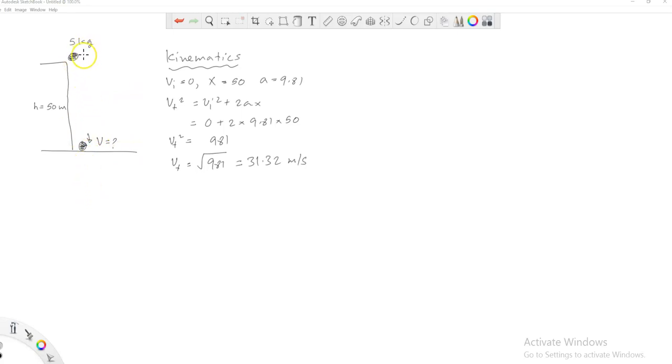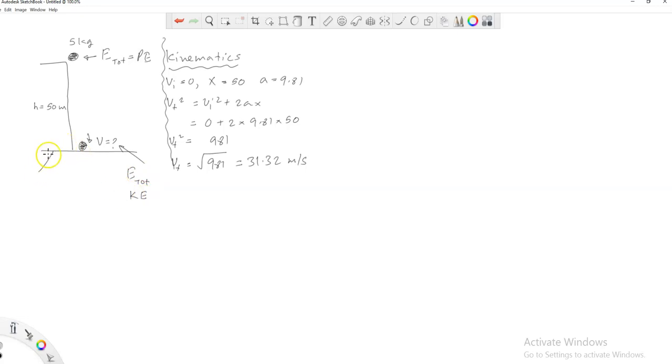Up here, we know that the total energy, E total, is going to be all potential energy, because it's not moving, it's starting from rest. So what it has is the energy due to the height. Down here, E total is all kinetic energy.